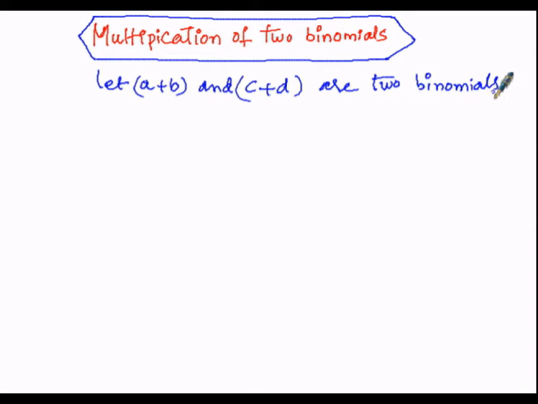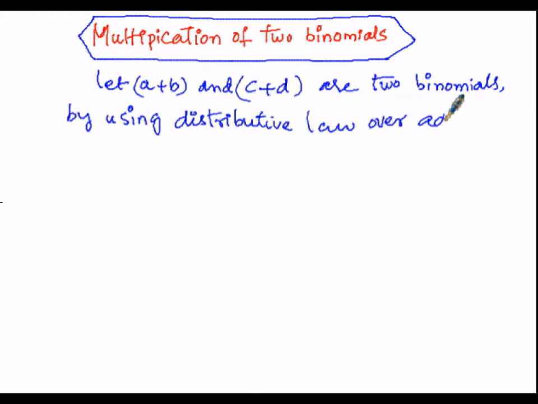By using the distributive law over addition, that too twice, we are applying the multiplicative distributive law over addition two times upon the multiplication of two binomials, that is a plus b and c plus d.